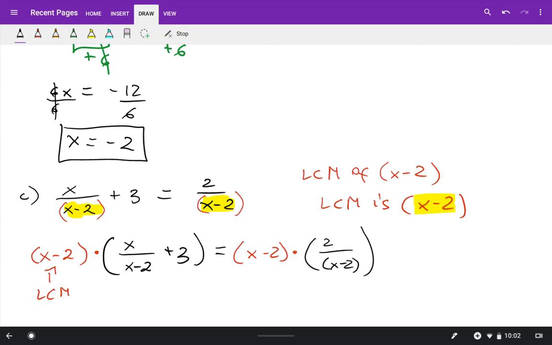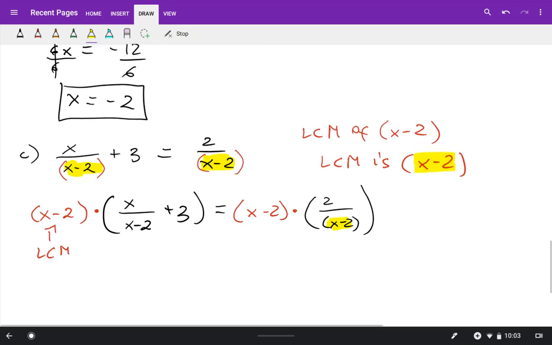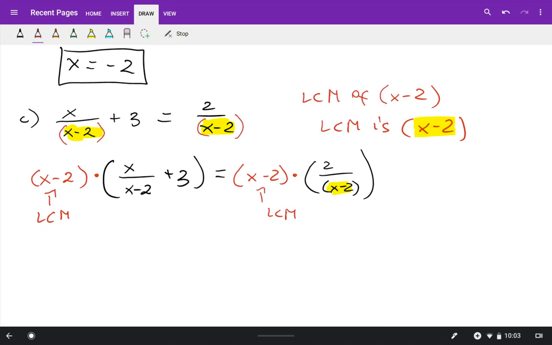Again, I like to put the parentheses when you have an expression as a denominator because it's easier when we simplify and cancel. Okay, so again, this is LCM, lowest common multiple. So the idea is to change this equation to an equivalent equation which doesn't have fractions.